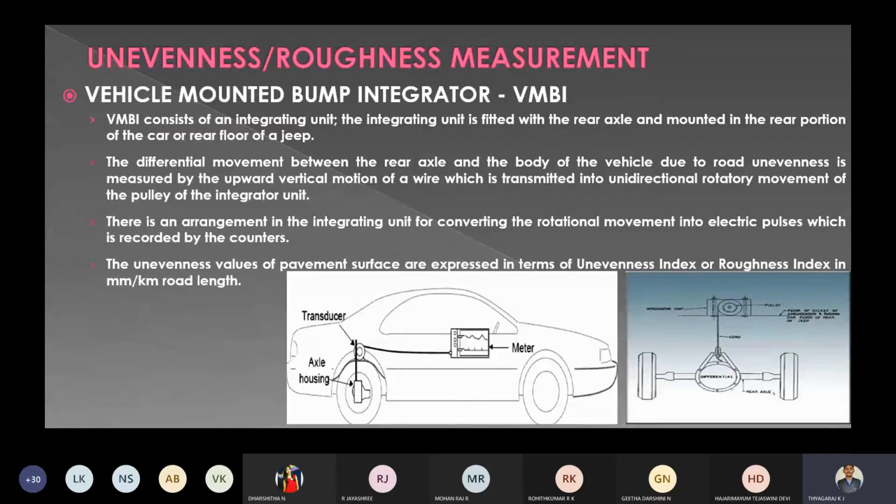So the VMBI, also called a vehicle mounted bump integrator, consists of an integrating unit. The integrating unit is fitted with the rear axle and mounted in the rear portion of the car or rear floor of a jeep. As we all know, for a vehicle there will be two axles.